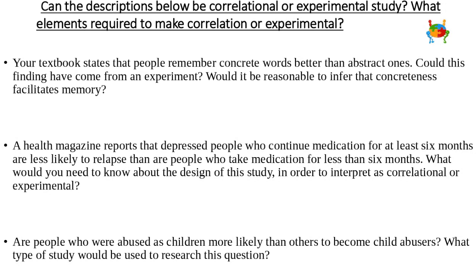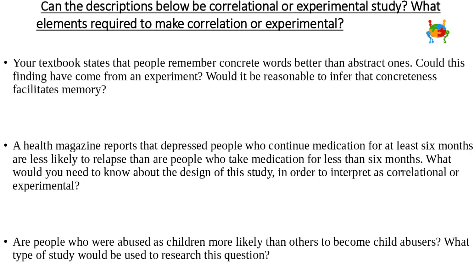Are people who were abused as children more likely than others to become child abusers? What type of study would be used to research this question? Obviously, it can't be experimental because there are ethical issues with doing it as an experimental study.